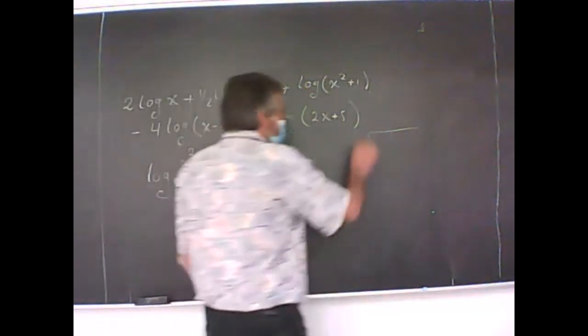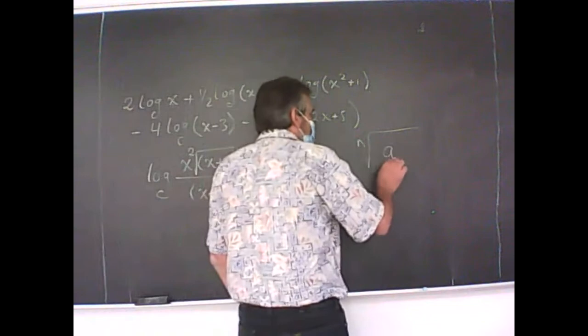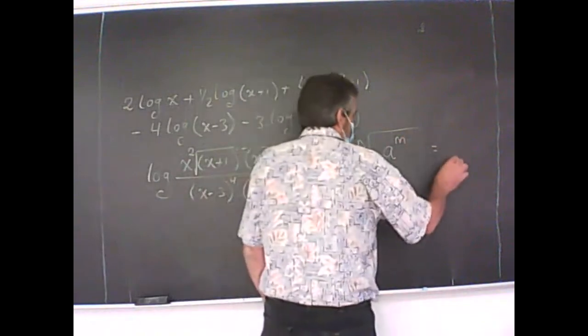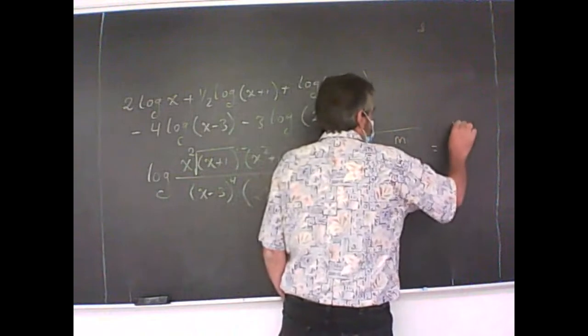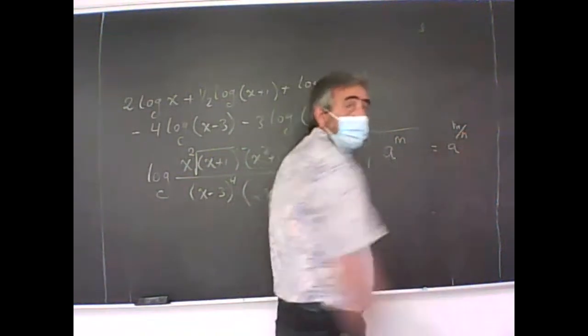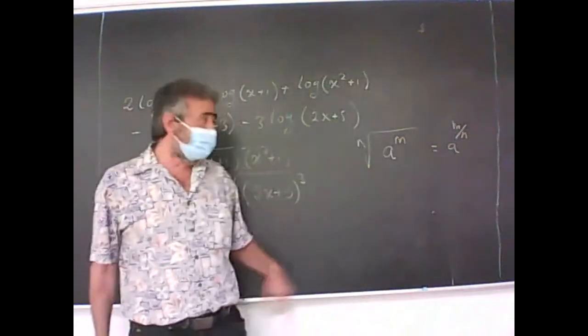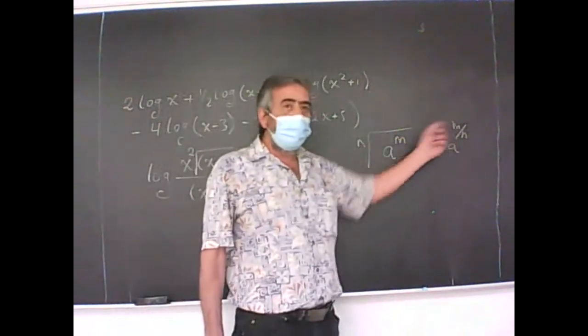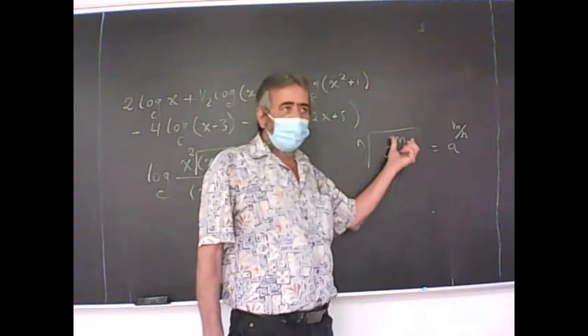So if this is your index, this is your factor, this is m, this is the same thing as a to the power m over n. The denominator of the fraction is your index, and the numerator is whatever exponent you have.